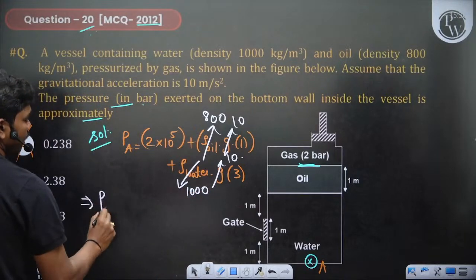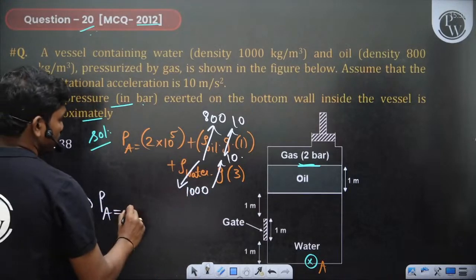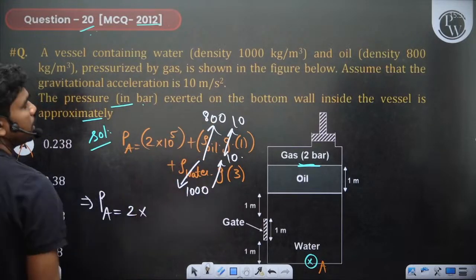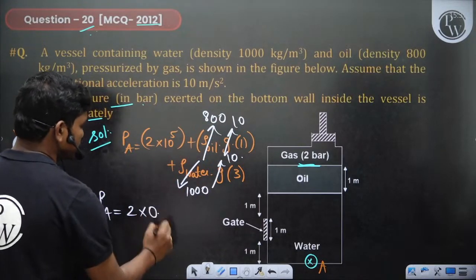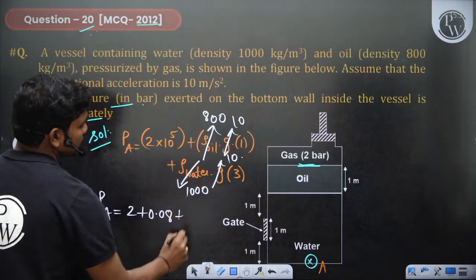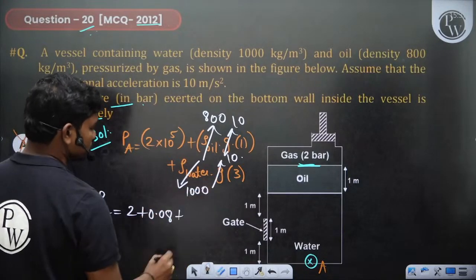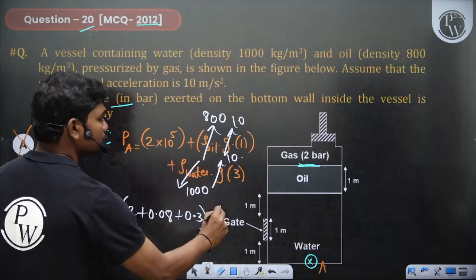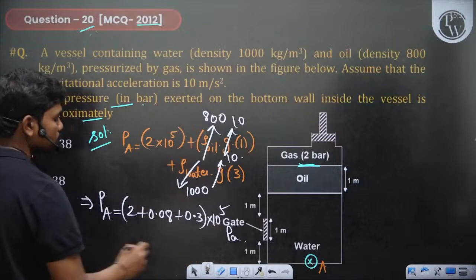So PA is equal to 2 plus, this is 800 into 10, 8000, so 0.08, plus this is 30,000, so 0.3, this whole value into 10 power 5 pascals, and 10 power 5 pascals is 1 bar.